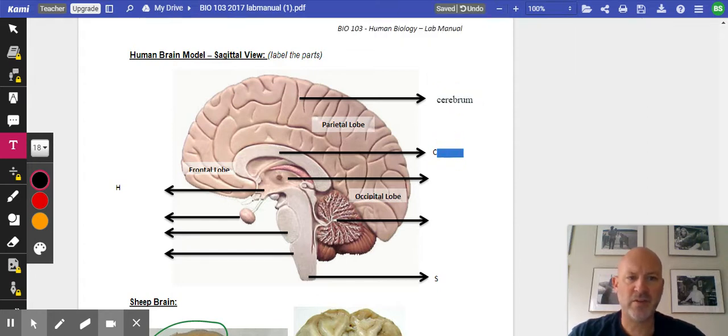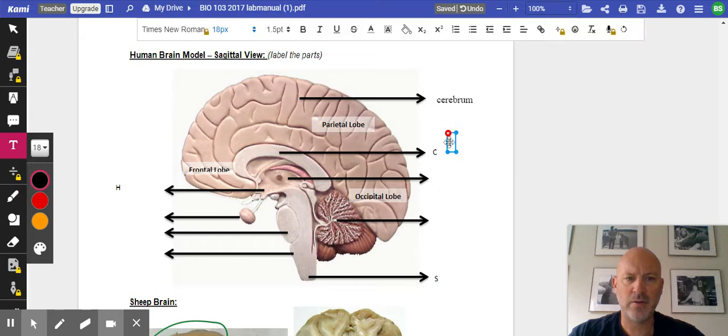The cerebrum contains all the major lobes, right? So we have the frontal lobe, we have the parietal lobes, we have the temporal lobes over here on the side, the occipital lobes. And the cerebrum controls all the things that you have control over, like your planning, your thinking, your movements. So all voluntary actions are controlled by the cerebrum.